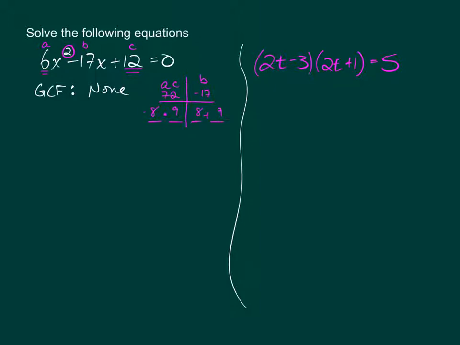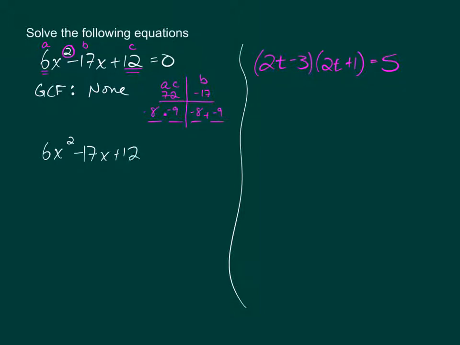So switching all the signs to negative 8 and negative 9, this still holds over here. Negative times negative is positive 72. Negative plus a negative will stay negative. So we need a negative 8 times a negative 9, and those two numbers will also add up to negative 17. So how is this helpful? Well, I'm going to rewrite the entire equation again.